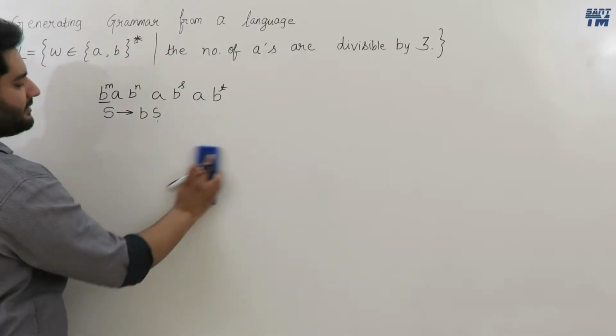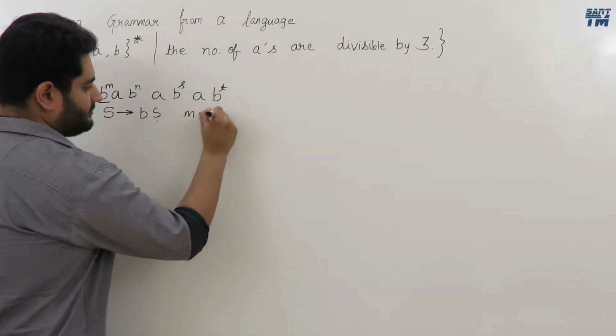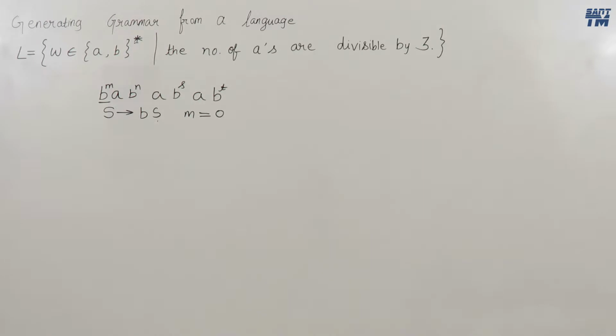Now consider the case when m is equal to 0. Then b^0 is 1, that is, the string is starting from A only.